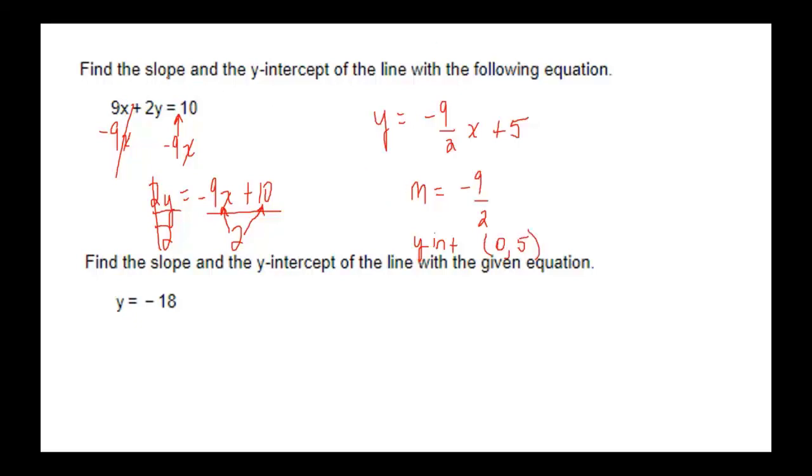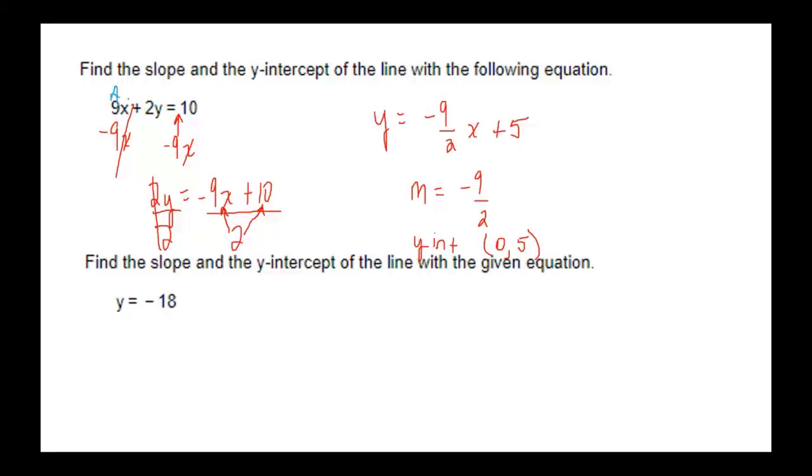For what it's worth, I'm going to put some extra points up here, because the more you do something, the more you start to recognize patterns. Every time we rearrange an equation like this, you take the x term over and then divide by what's in front of y.